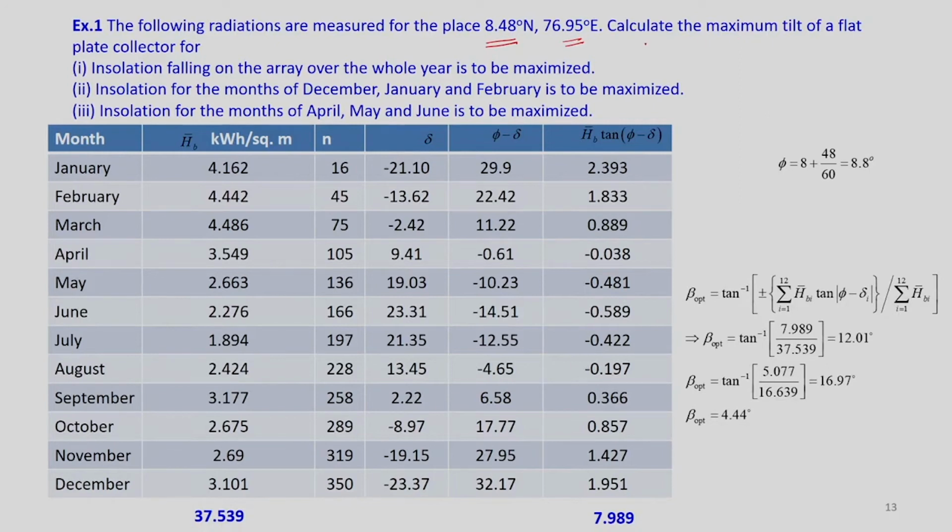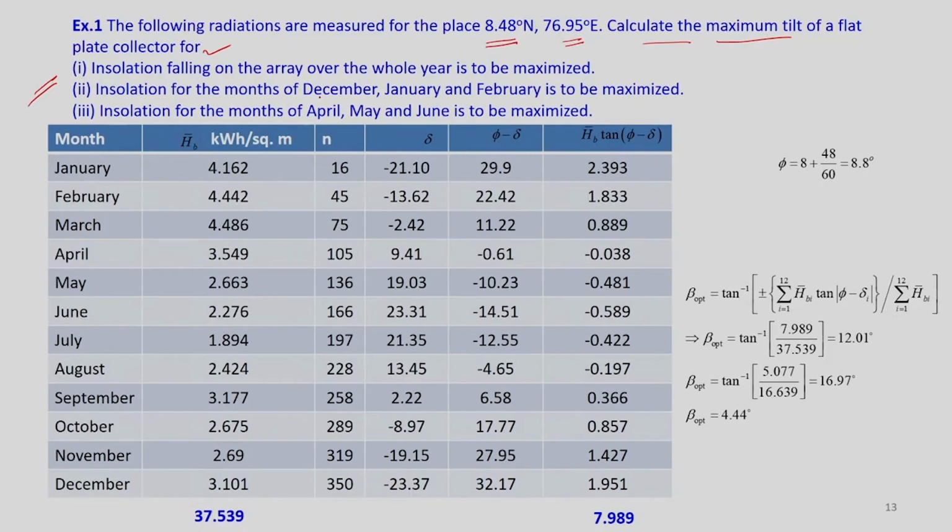We need to calculate the maximum tilt of a flat plate collector for three different cases. In the first case, insolation falling on the area over the whole year is to be maximized. So, I want to maximize the solar radiation received by the collector throughout the year.